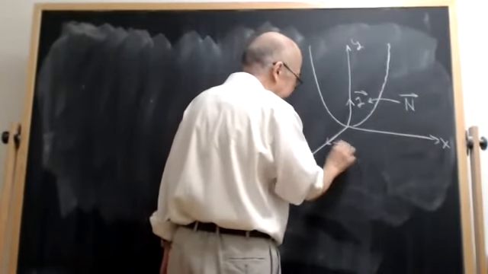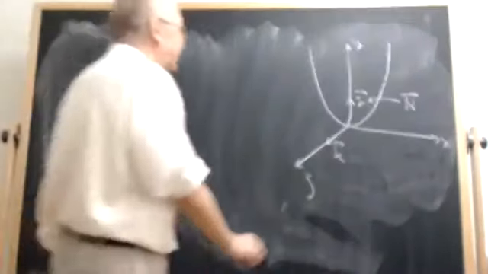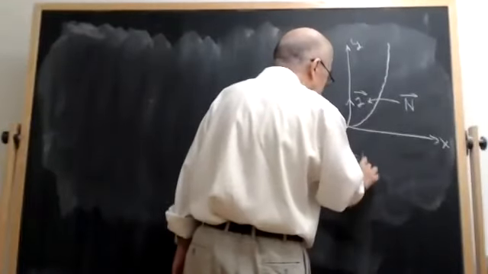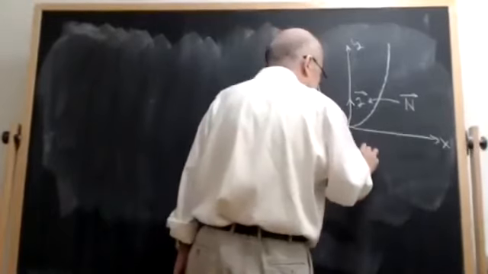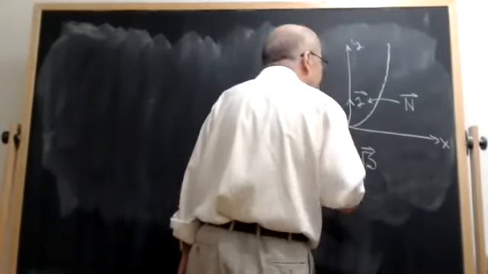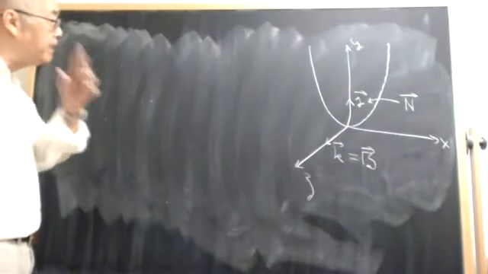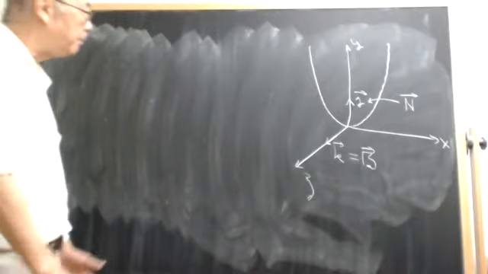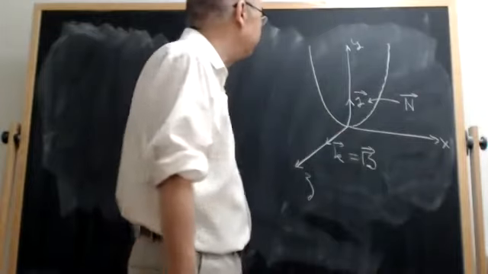So this is k, and this is B. B of t, but at the origin, we simply skip the independent variable. So you see, they are perpendicular.